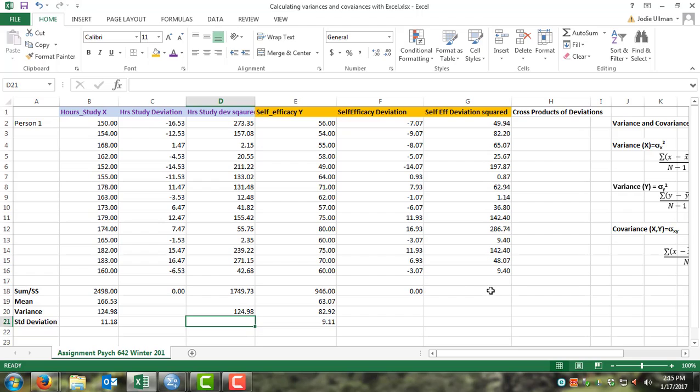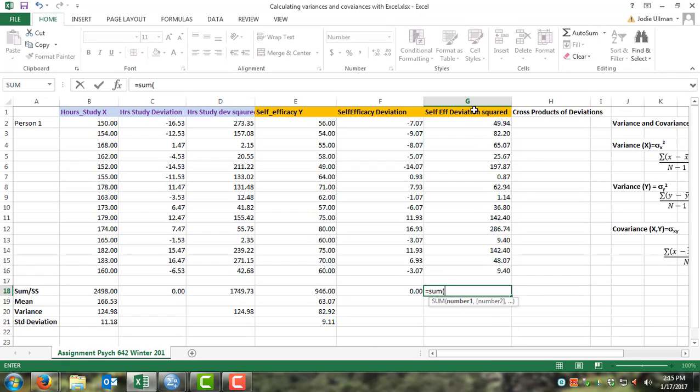So let's do the same thing here. We've got the square deviations. Let's sum them. So these are the sum of the square deviations. And then we can go ahead and divide by n minus 1.